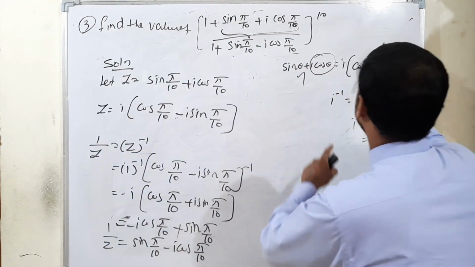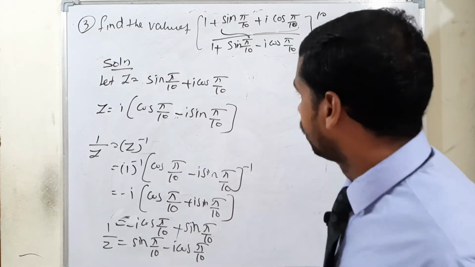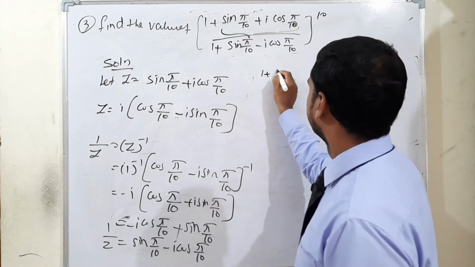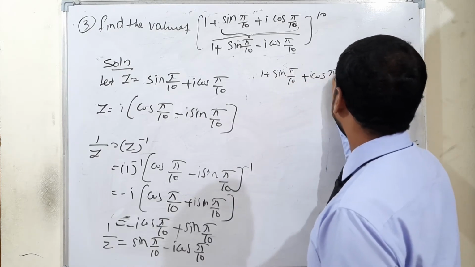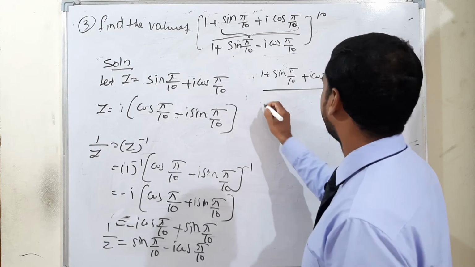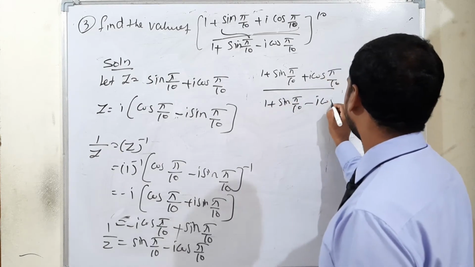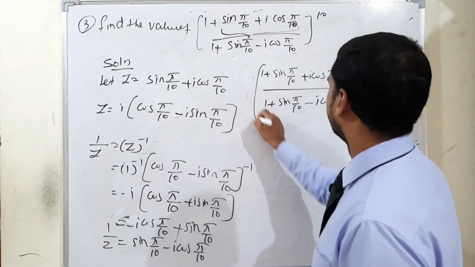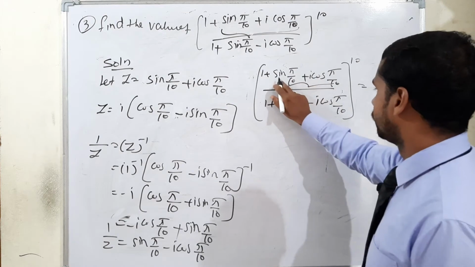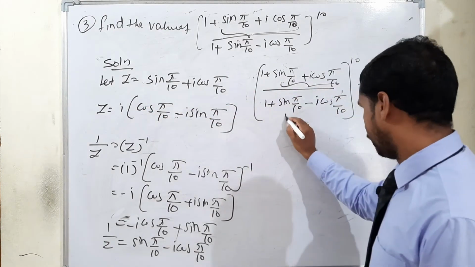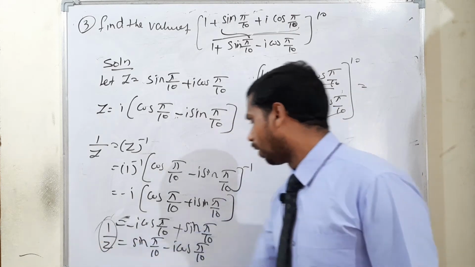Now I am writing the original question. The question is actually 1 plus sin pi by 10 plus i cos pi by 10, divided by 1 plus sin pi by 10 minus i cos pi by 10, the whole power of 10. This we considered as z, but the denominator, sin pi by 10 minus i cos pi by 10, will be 1 by z.